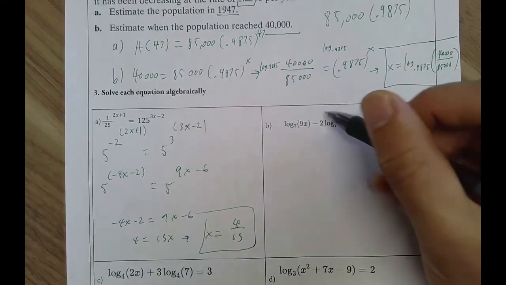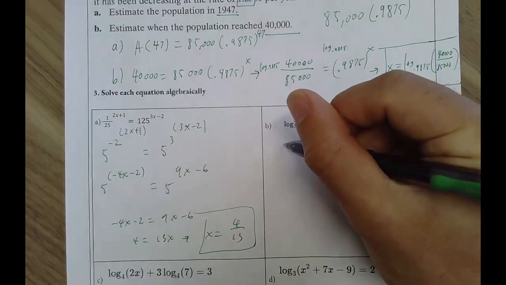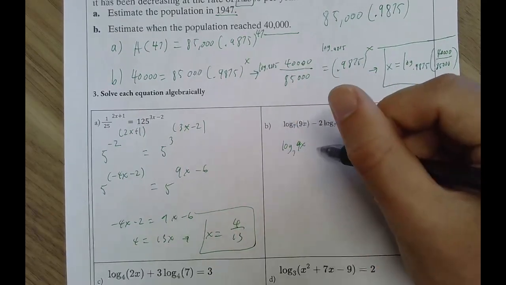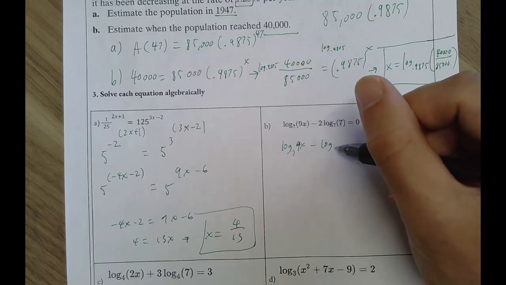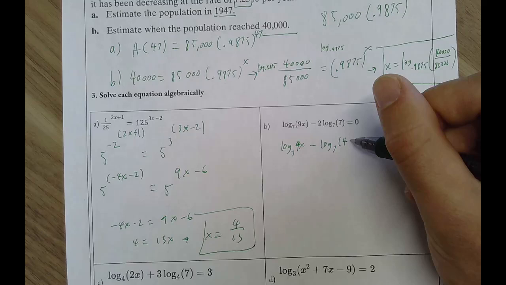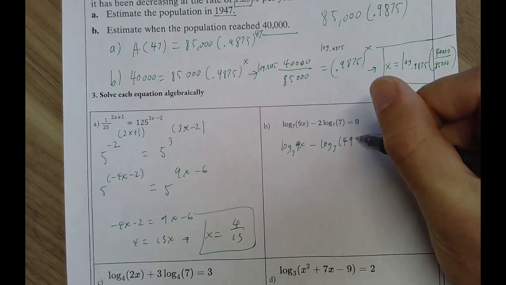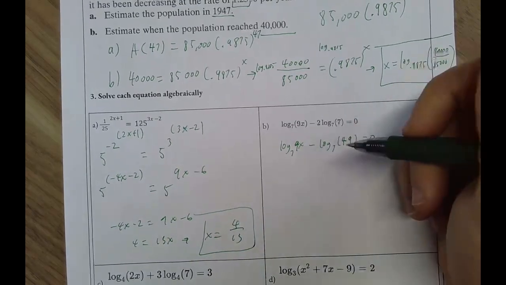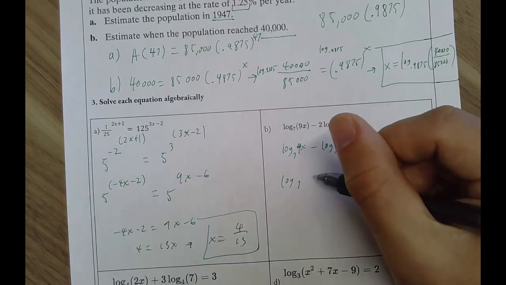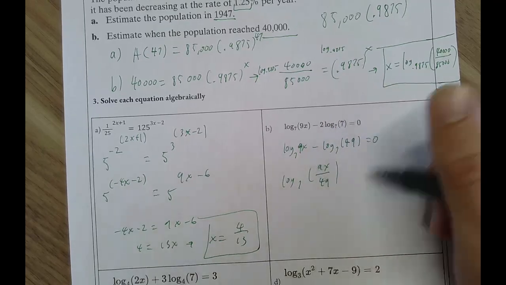For this one, we want to combine these logs together. I can rewrite this as log base 7 of 9x minus log base 7 of 49 equals 0. Then I can rewrite that as log base 7 of 9x over 49 equals 0, since subtraction is division.